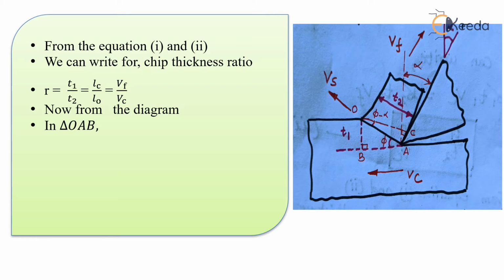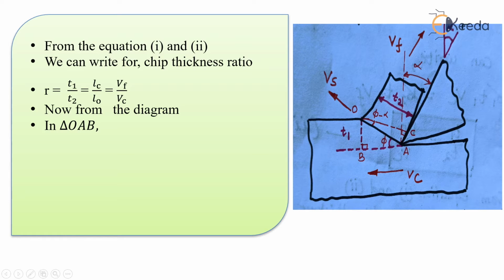If we subtract it from 180 degrees, we get phi minus alpha. So AOC is phi minus alpha.